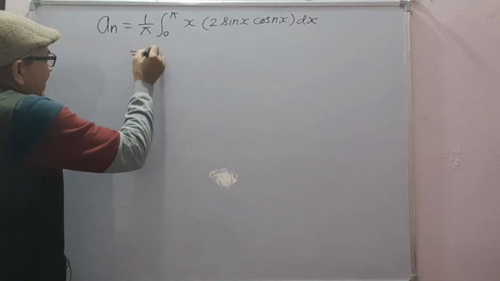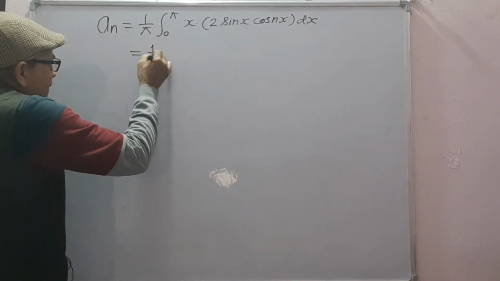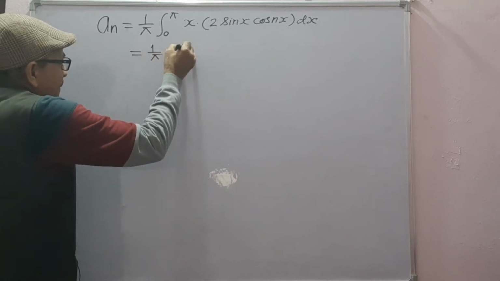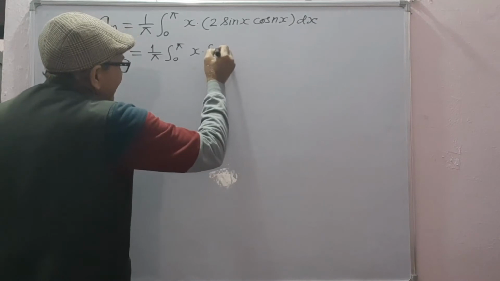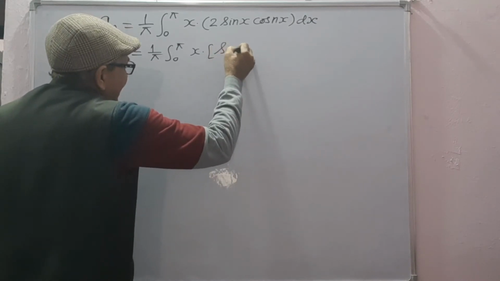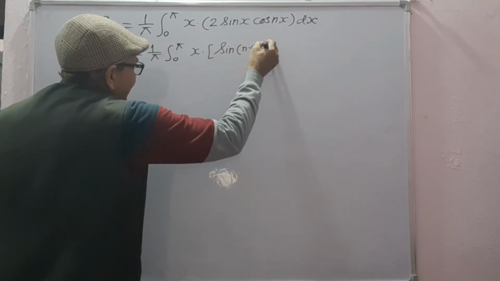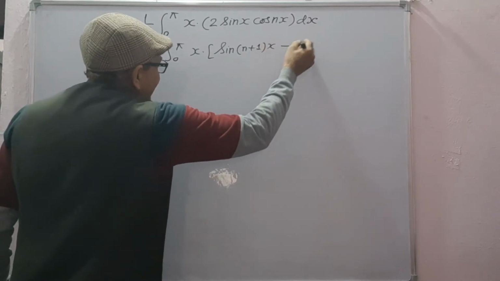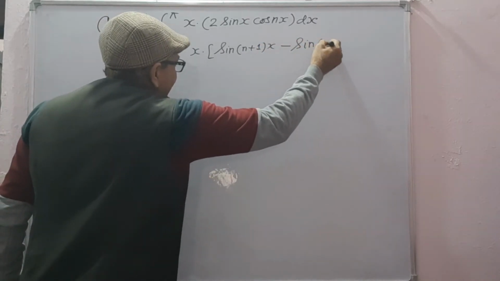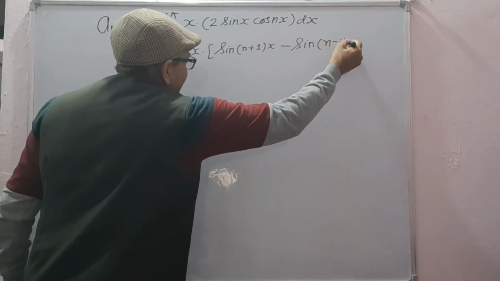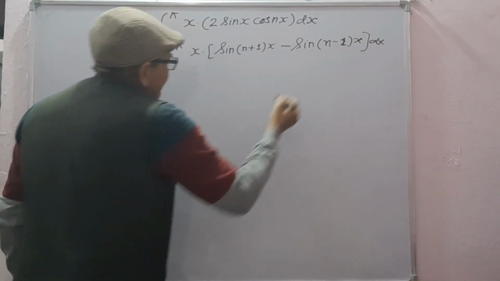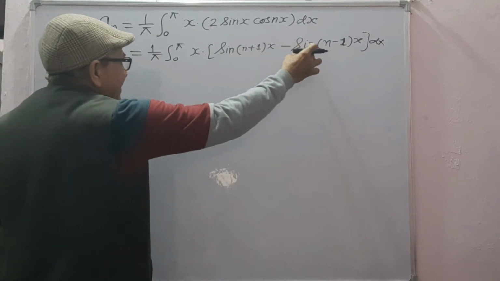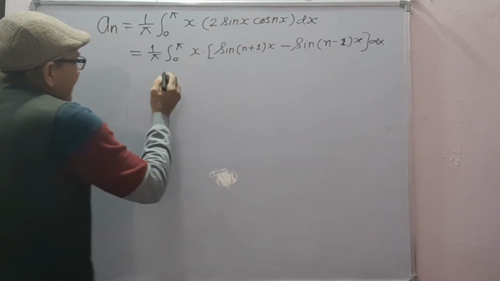This can be written as 1 upon pi integral from 0 to pi x into sin n plus 1 x minus sin n minus 1 x dx. Sin c minus sin d equals this much.